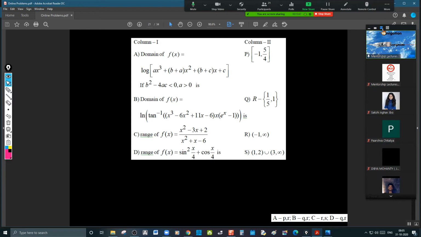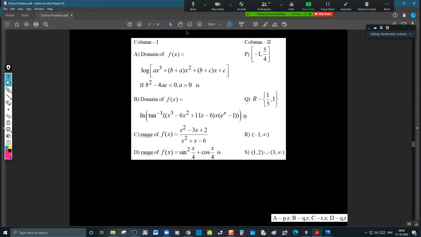In general, always remember, domain when compared to the working of range is a little easy to work out. If you talk about x of the function, you're talking about the domain of the function. If you talk about y of the function, that is f(x), then you're talking about the range of the function. So let's continue.